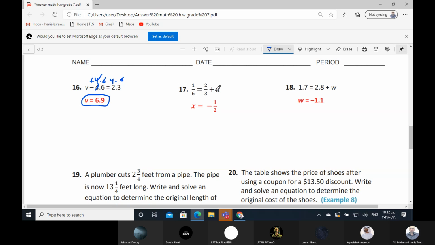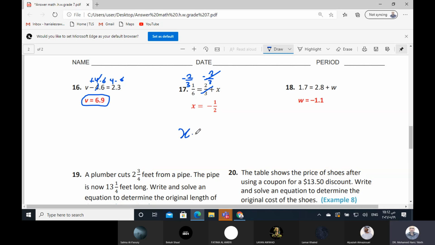Here, we want to remove the constant, so add 2 over 3 to the two sides. Minus 2 over 3 plus 2 over 3 will be 0. Remains here x.